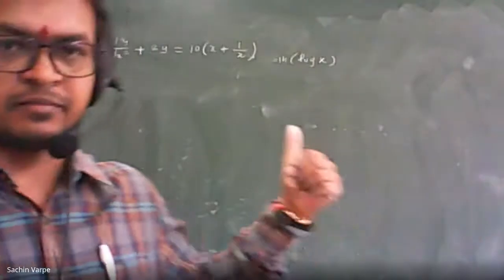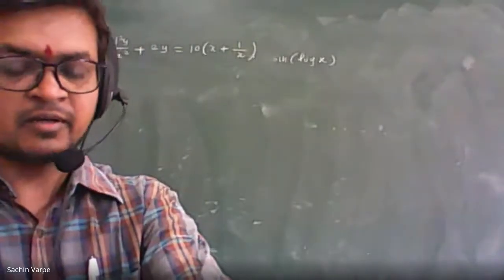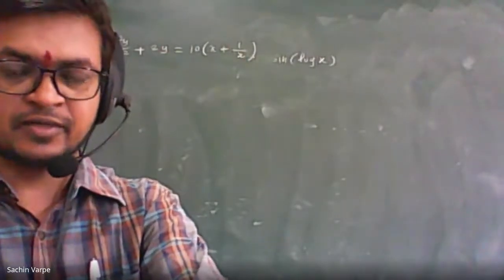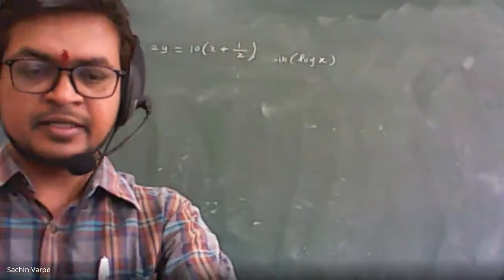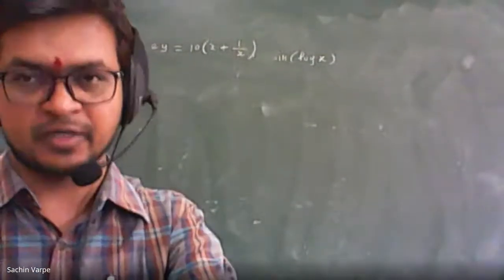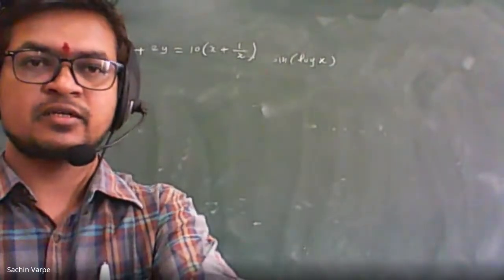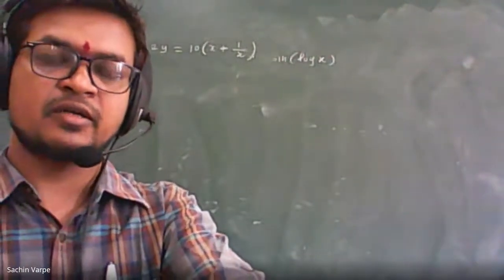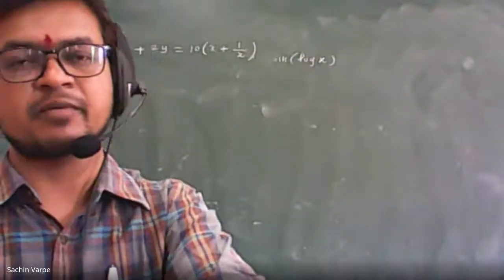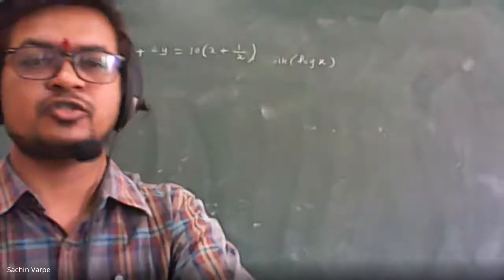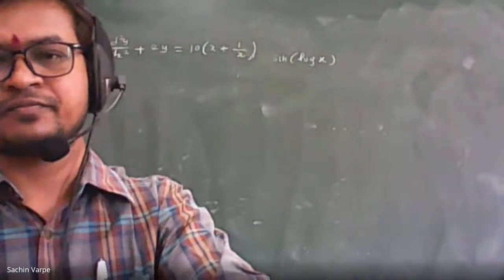No, no. For Cauchy's the coefficients will be powers of x. Powers of x will be variable, in powers of the independent variable. If the coefficients in the given differential equation are in powers of the independent variable, then it is Cauchy's. Okay, Samiksha? Yes, sir.